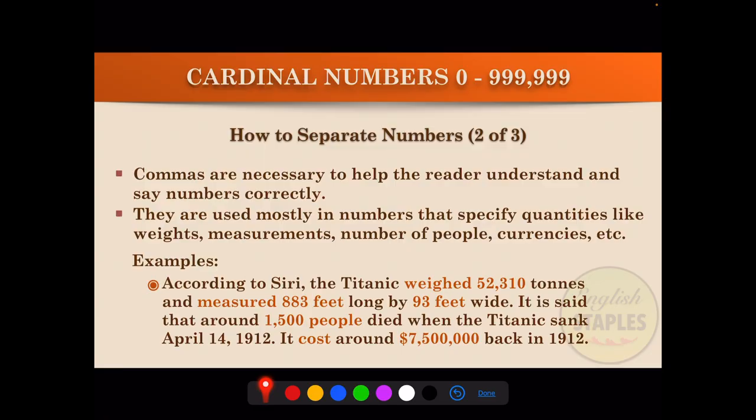In a little bit, I'll show you a table that you could make a copy of and use, if you're not familiar with how you put the commas in for numbers, to help you put the separators in the correct place until you're very familiar with it.